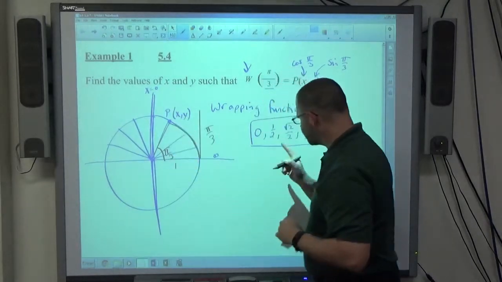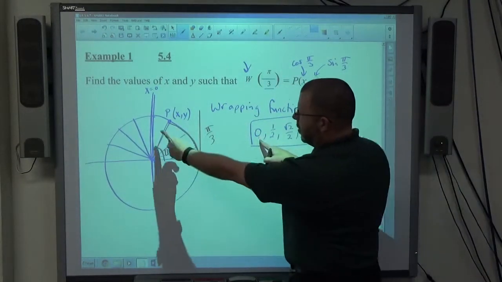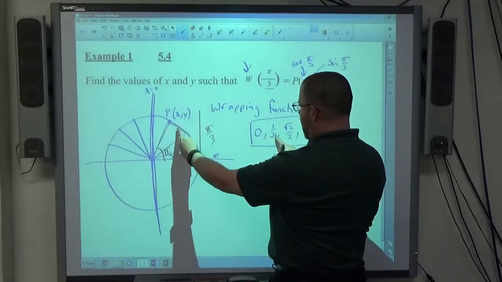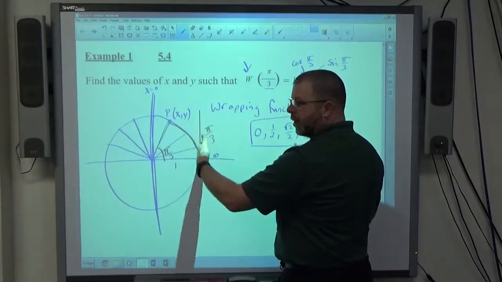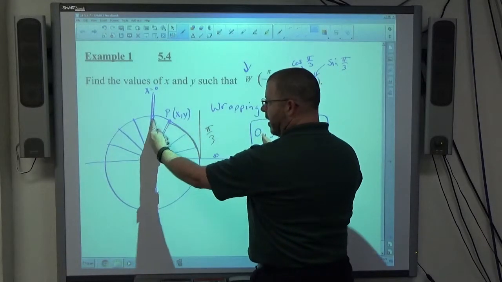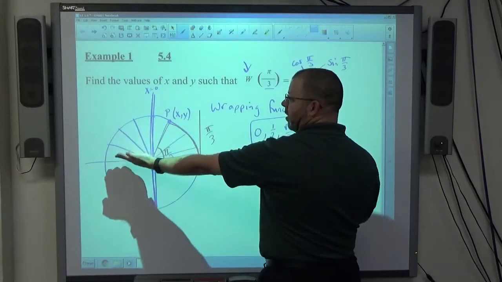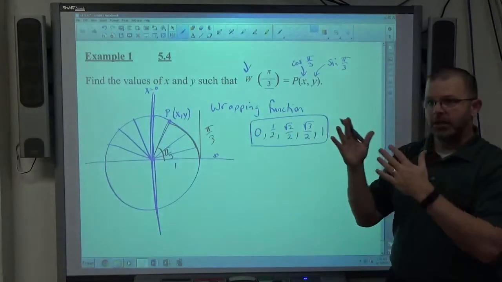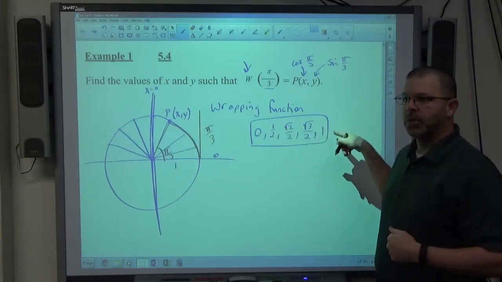So if x equals 0 is here, the first step is positive 1/2, positive square root of 2 over 2, positive square root of 3 over 2, 1. That's what cosine is. Going the other direction, x is 0, that's cosine: negative 1/2, negative square root of 2 over 2, negative square root of 3 over 2, negative 1. So again, just how many steps away from 0 are you? And there's the order of numbers.